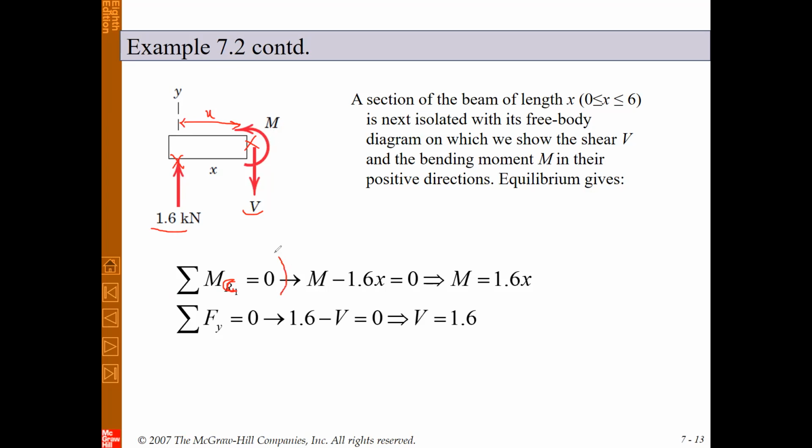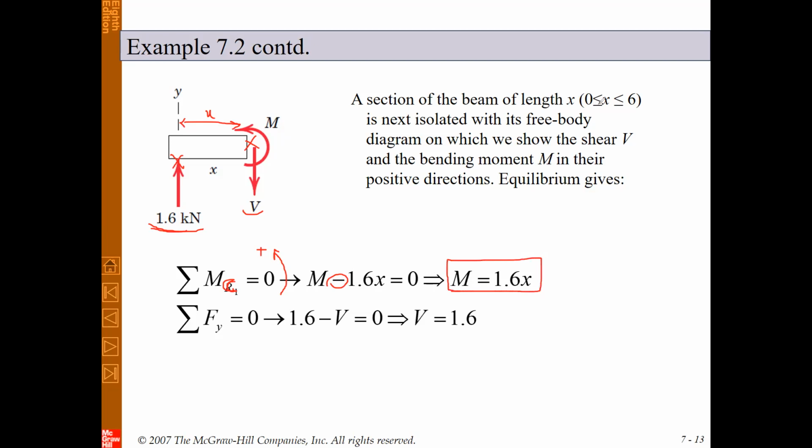Here I assume that the counterclockwise direction is positive, so M will be positive, and the moment due to this 1.6 kilonewton force, because this is in clockwise direction, will be negative, as you can see. So this is the first equation, and we can obtain the moment in this interval.